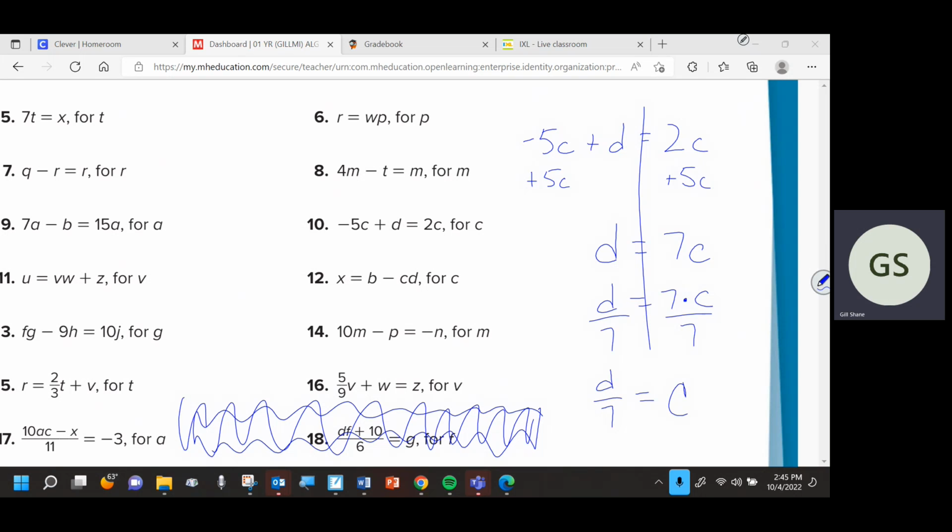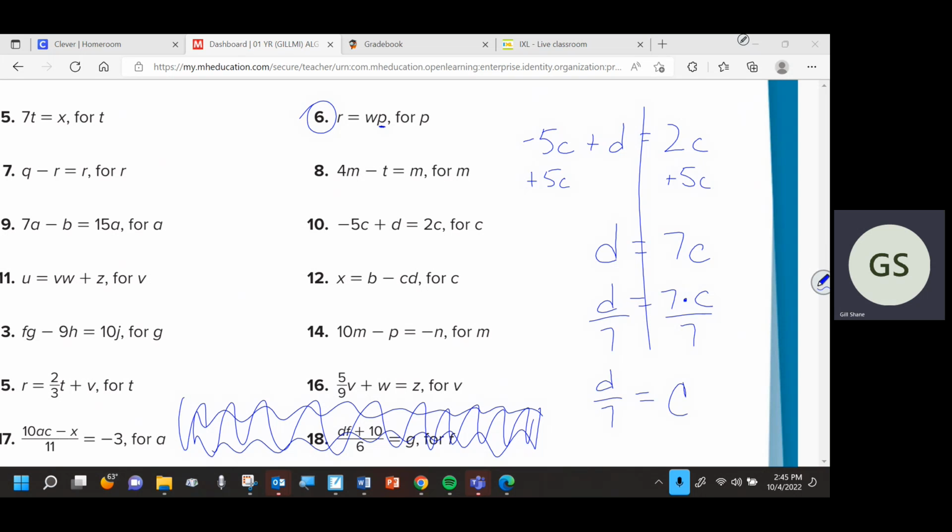I believe most of the first few problems are more similar to the other two problems I just did a second ago. Sometimes kids get confused by something like number 6. Well, that's really just one step. If I want to get p all by itself, I just need to get rid of w, and then I'm done.